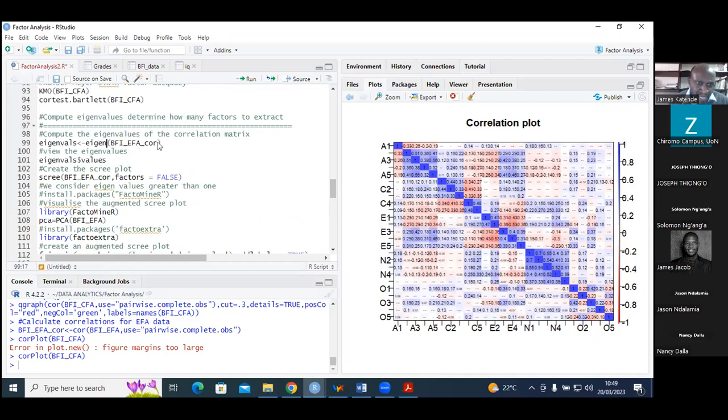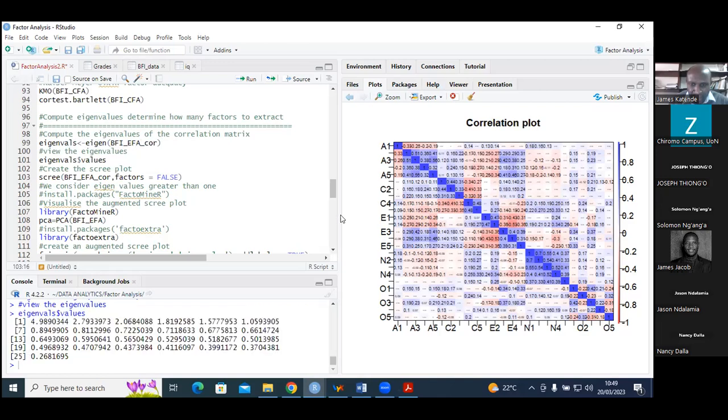So you pick the correlation matrix, find the eigenvalues, and we can extract the eigenvalues. And this gives us the variance explained by each variable. Then we can draw this on a scree plot. So the next thing is a scree plot, which will help us determine the number of factors to extract.